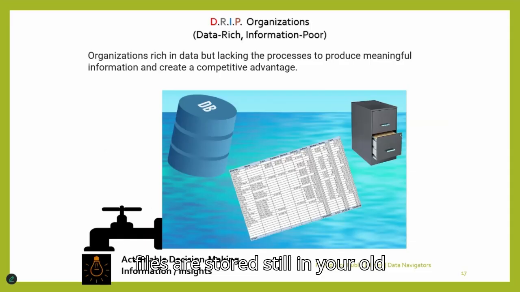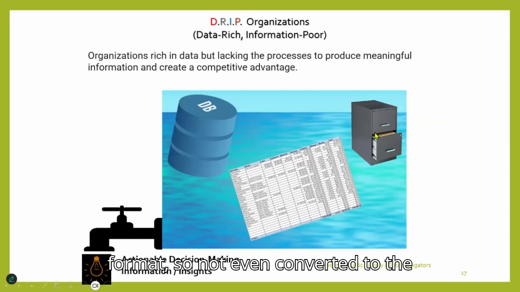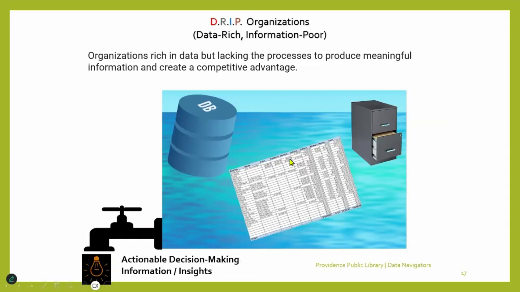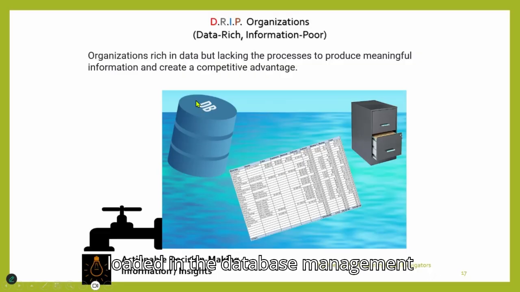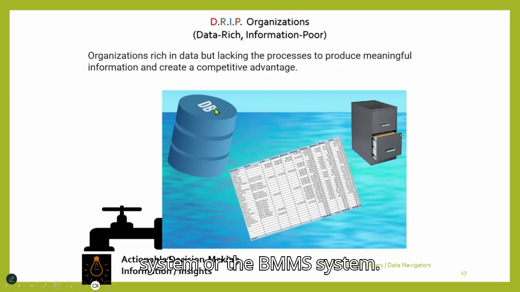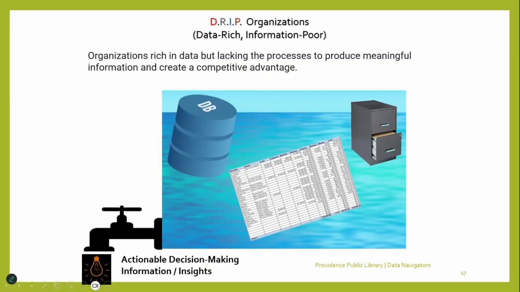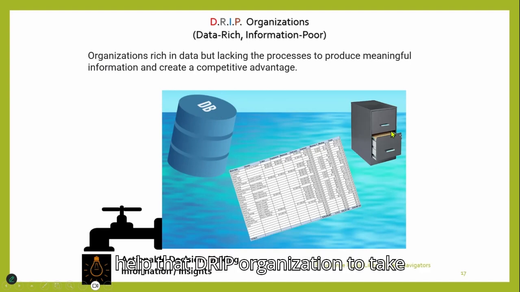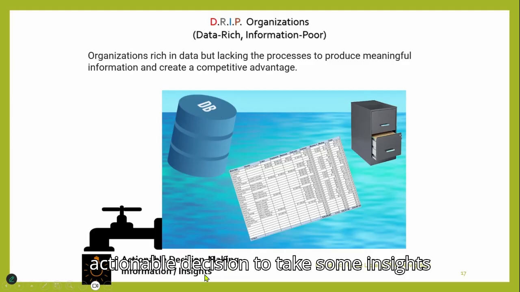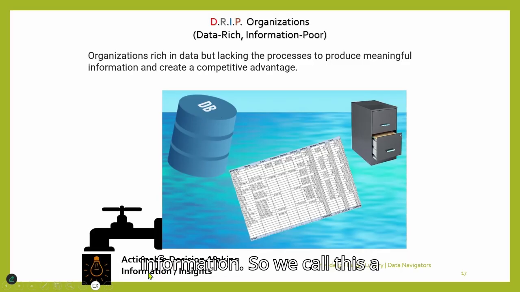The files are still stored in an old format, not even converted to Excel spreadsheet format and not properly loaded in the database management system, or DBMS. So as a data analyst, how are we going to help the DRIP organization take actionable decisions and get some insights and information?